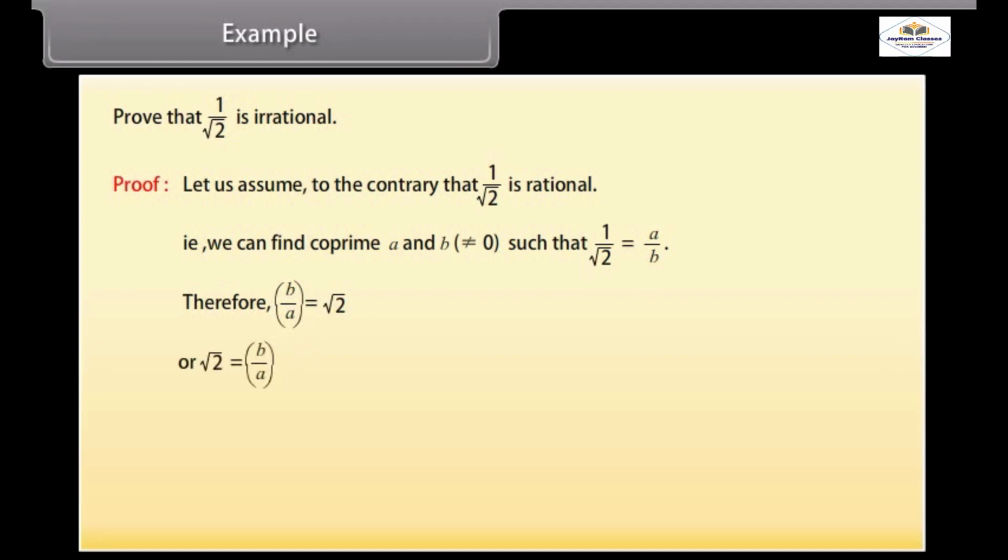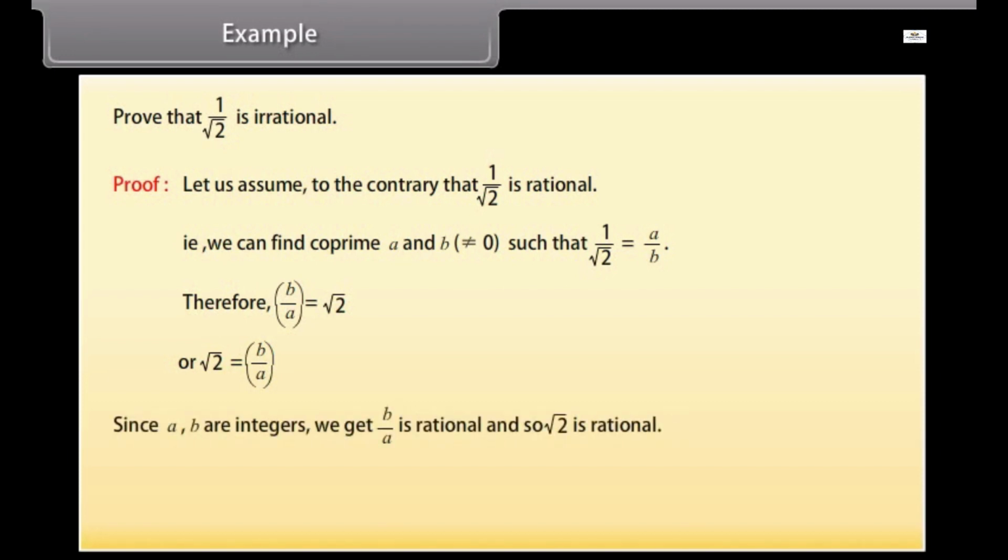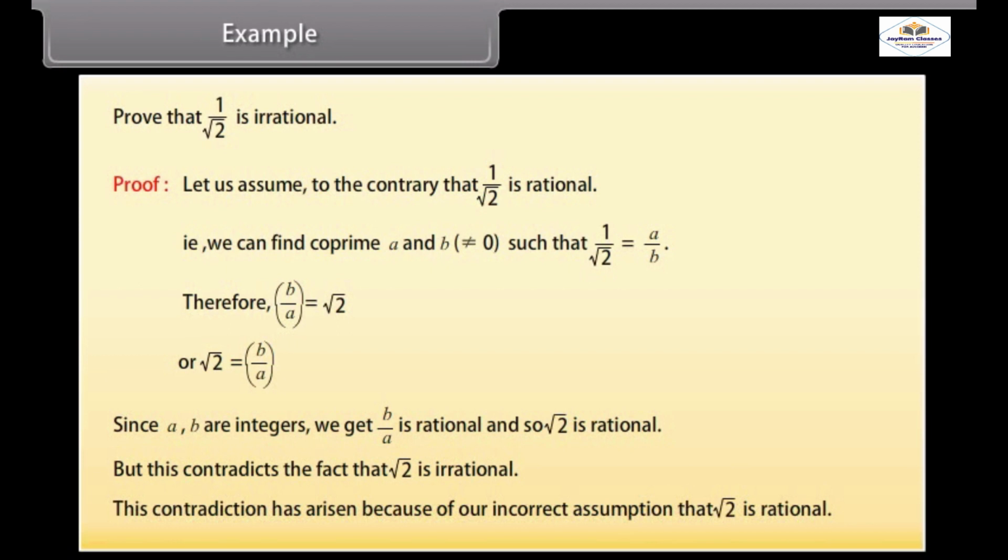Since a, b are integers, b upon a is rational and so square root 2 is rational. But this contradicts the fact that square root 2 is irrational. This contradiction has arisen because of our incorrect assumption that 1 upon square root 2 is rational.